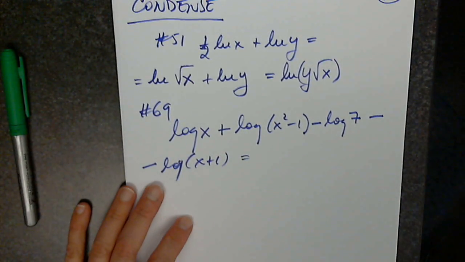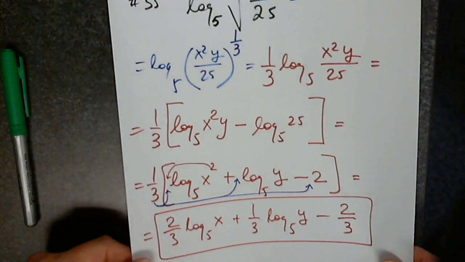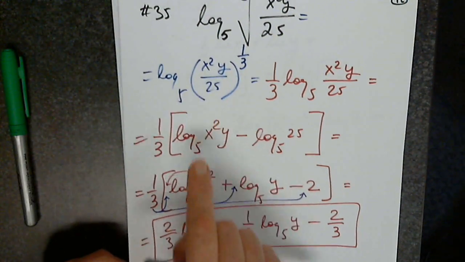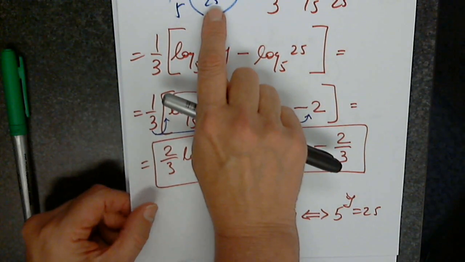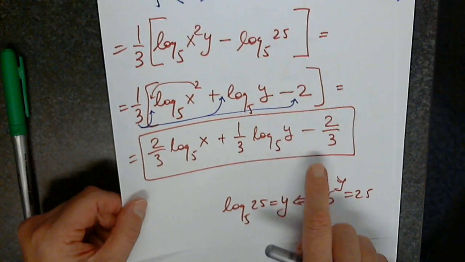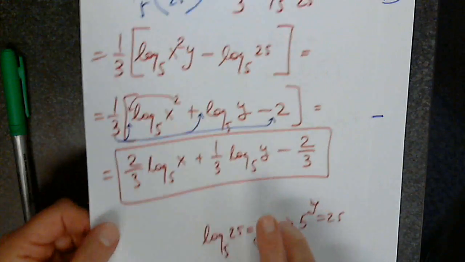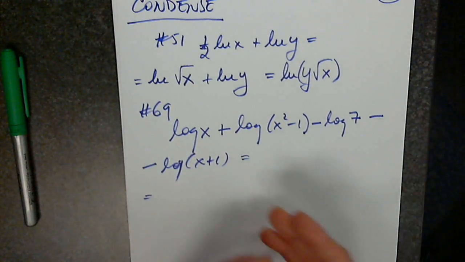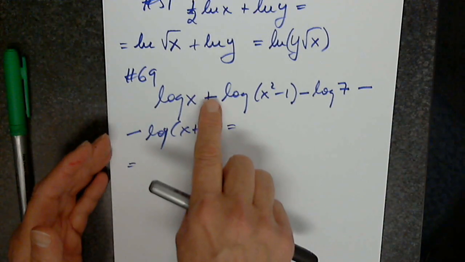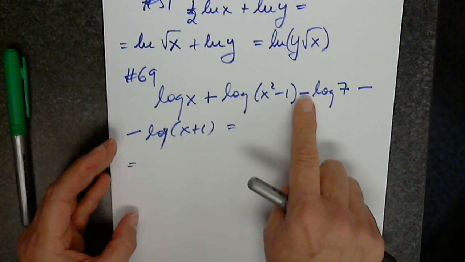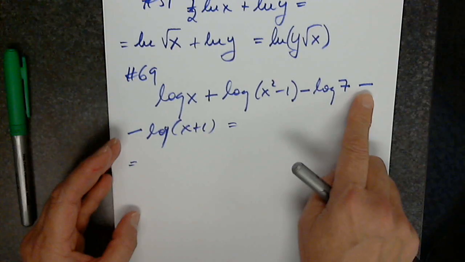Good. Let's come back here. See, these 2 come from the numerator. What is the sign in front? This one, the 25, came from the denominator. What is the sign in front? Good. So when you look at these 4 logs, 2 of them have positive, 2 of them have negative.